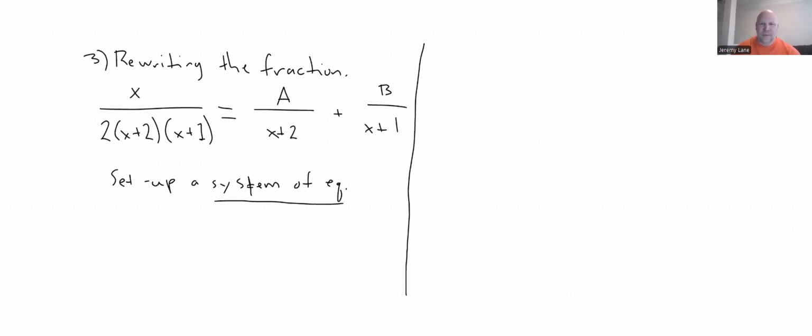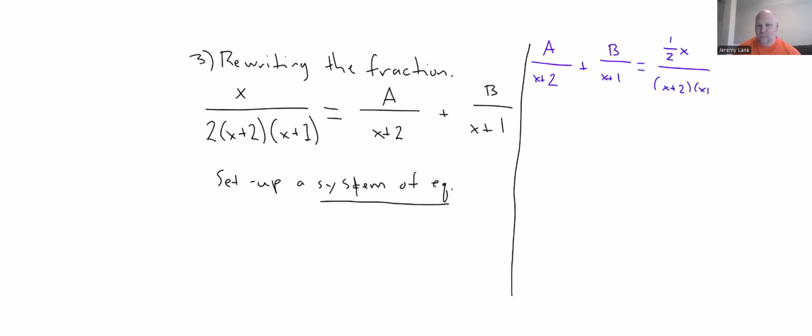So what happens is we're going to take a over x plus 2 plus b over x plus 1, and we're going to set that equal to 1/2 x over the quantity x plus 2 times x plus 1. Okay, and this is where my extra 2 factor comes into play.